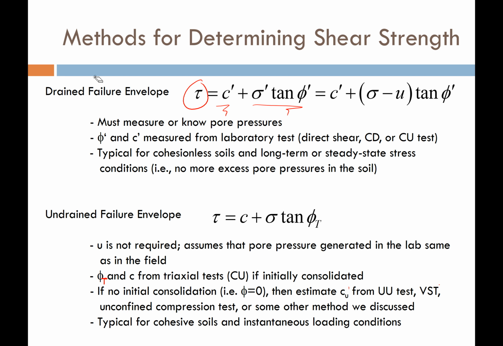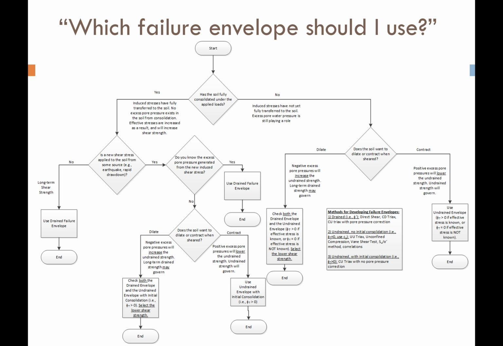And the truth is, it may have to be both, because soils can behave both drained and undrained depending on the conditions. So I've put a lot of thought into this question, and I've developed a tool that I hope will be useful to you. It's a flowchart that will help guide you to which failure envelope you may want to use for design or evaluation of the shear strength of the soil.